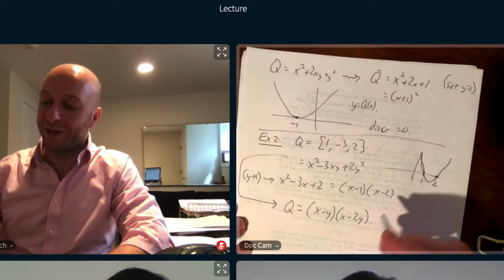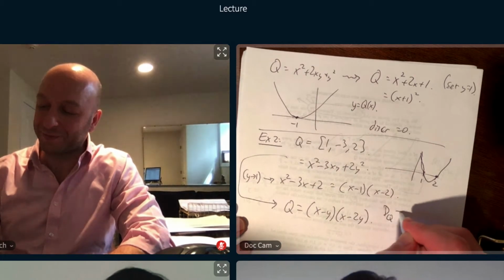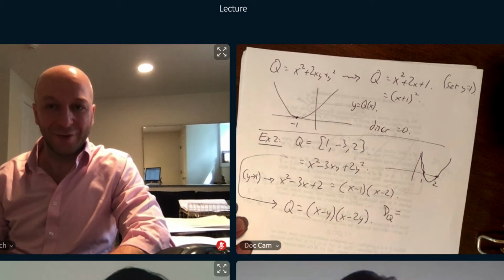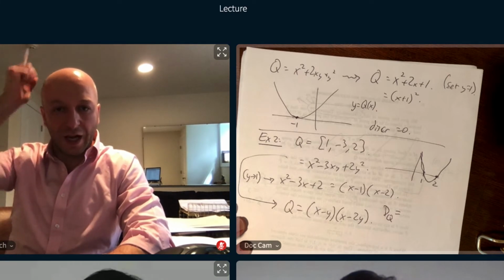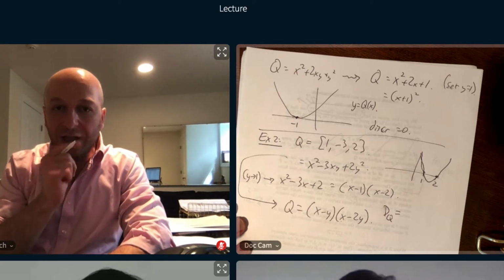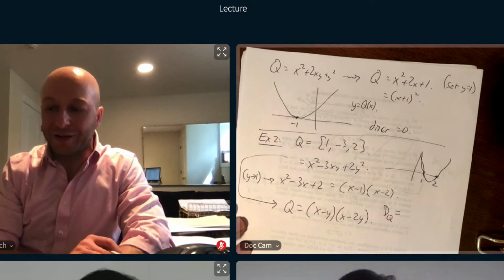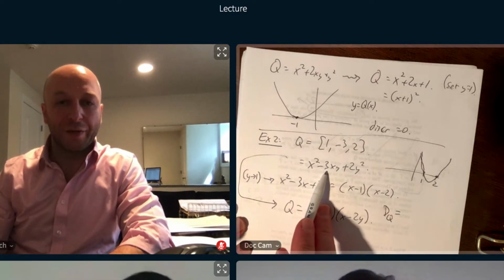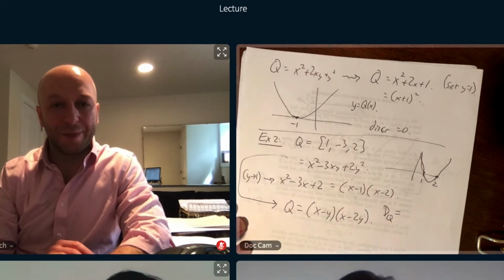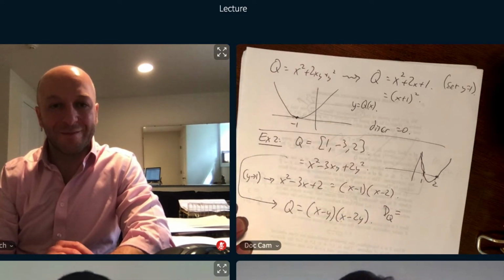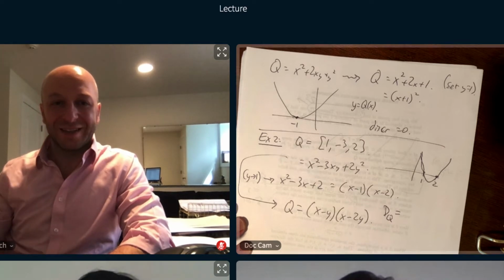What's the discriminant here? What's the discriminant of this Q? Why don't we take 10 seconds and everybody figure out the discriminant? Oh, I see. It won't necessarily factorize. If I put a 4 here instead of a 3, you can still write it in that kind of form. You'll see in a second.